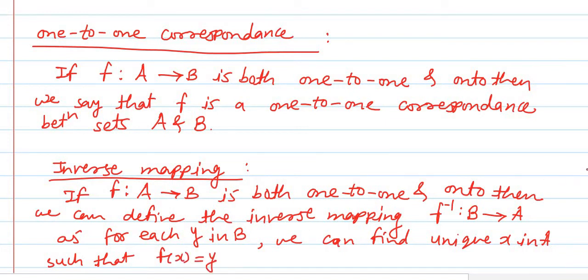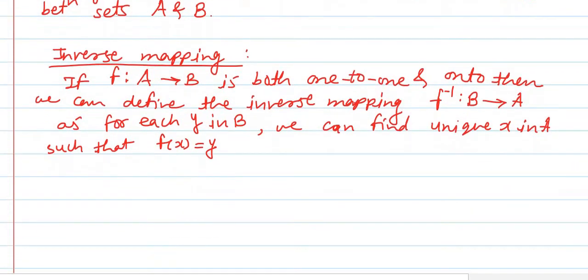Such an element x always exists as the mapping f is one-to-one and onto.